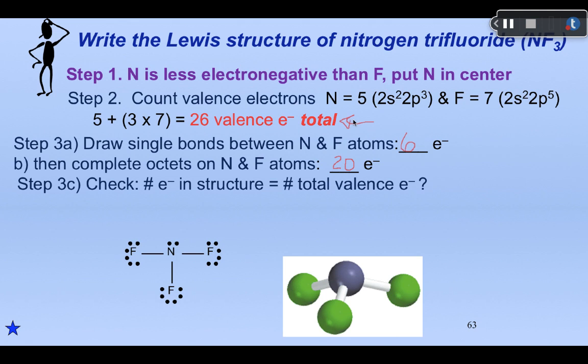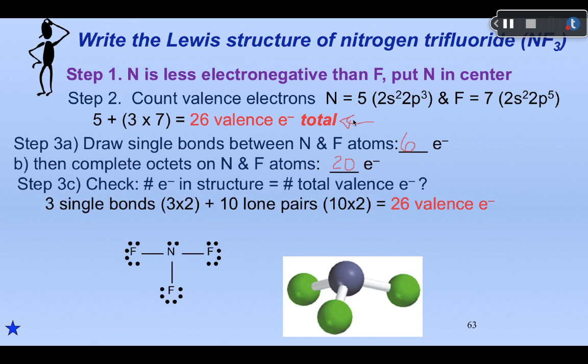So this structure feels like we've done the right thing, but it's always worthwhile to follow out the rest of the steps to make sure it hasn't lost anything. So 3 single bonds, 3 times 2 is 6, and lone pairs, count them: 1, 2, 3, 4, 5, 6, 7, 8, 9 lone pairs on the fluorines, plus 1 more on the nitrogen makes 10 lone pairs.